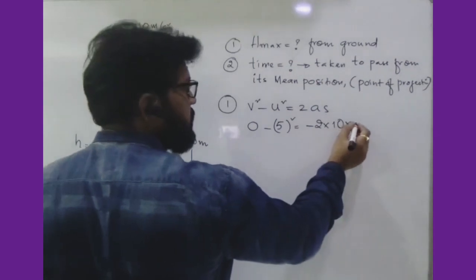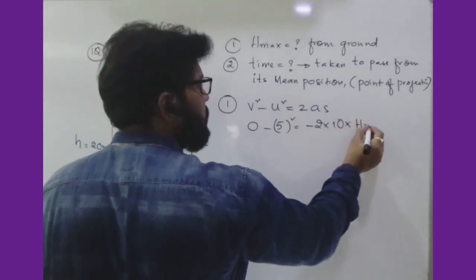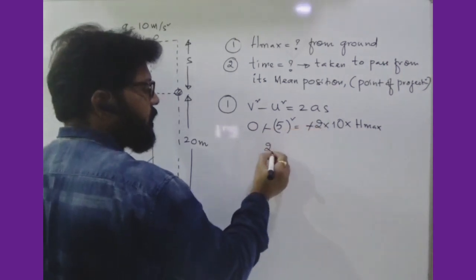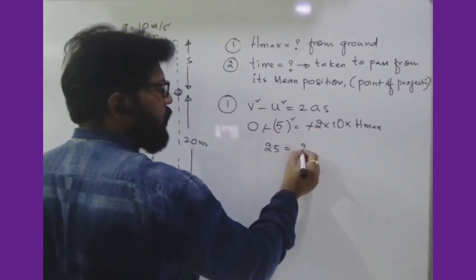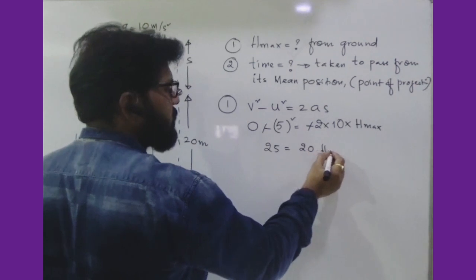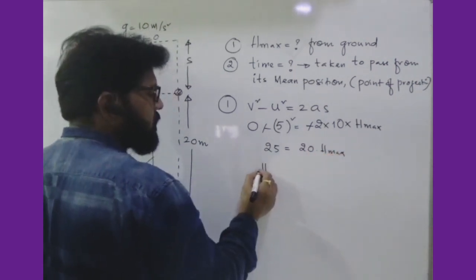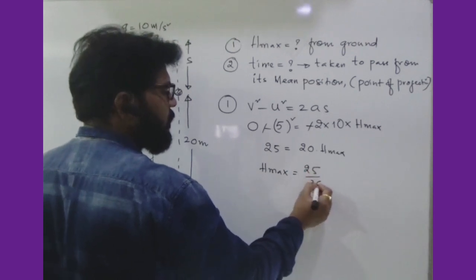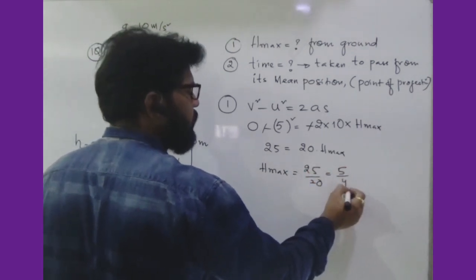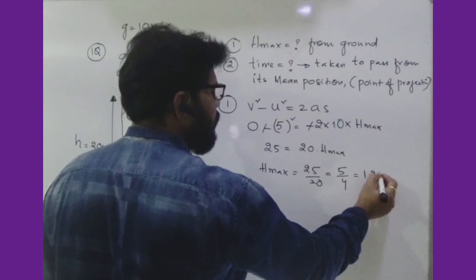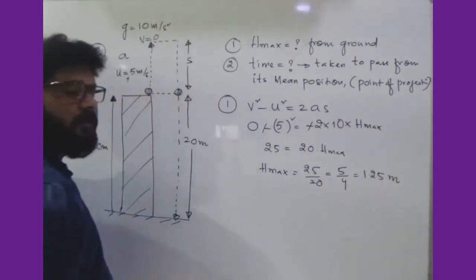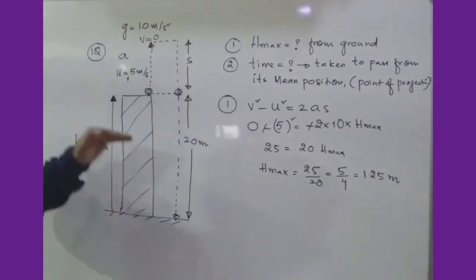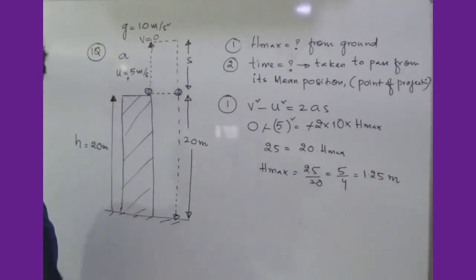Let me take it as H max. So minus gets cancelled, 25 is equal to 20 into H max. So H max equals 25 divided by 20, which is 5 by 4, nothing but 1.25 meters. So it is reaching 1.25 meters.